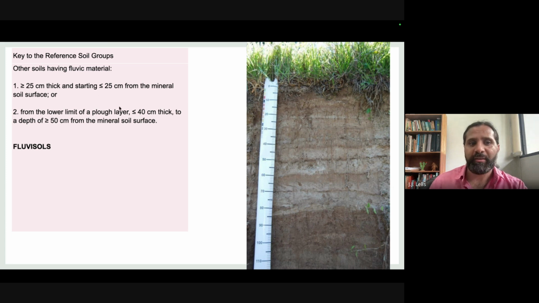So if we have some human action producing a plow layer, we should register a thicker layer with fluvic material, and the depth in this case should be a little deeper, like 50 centimeters. Okay, but in both cases, Fluvisols are soils with a strong evidence of fluvic material, strong evidence of addition of material by rivers.